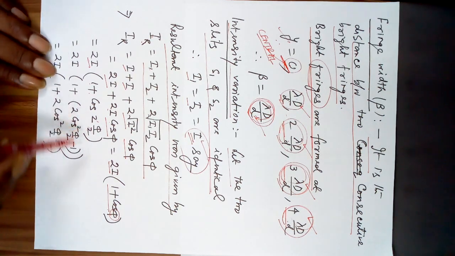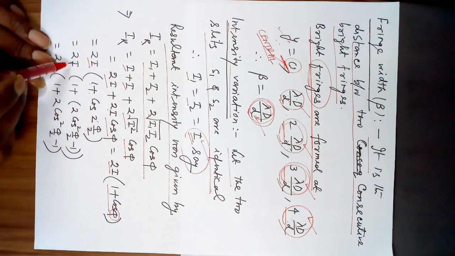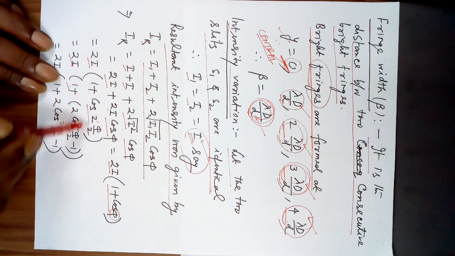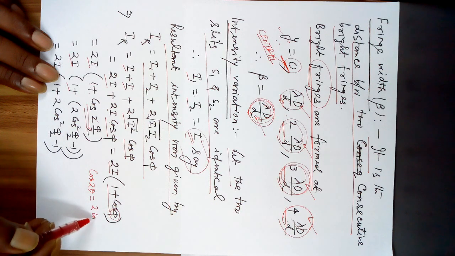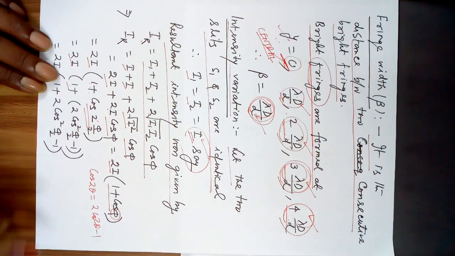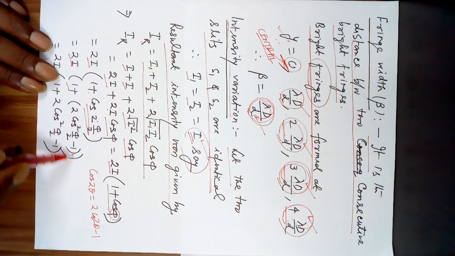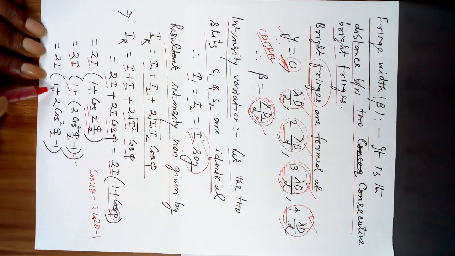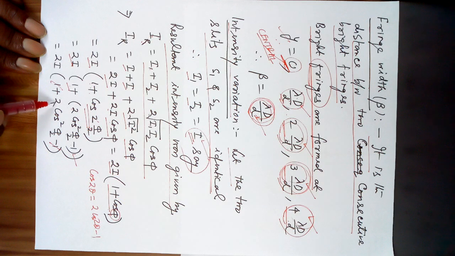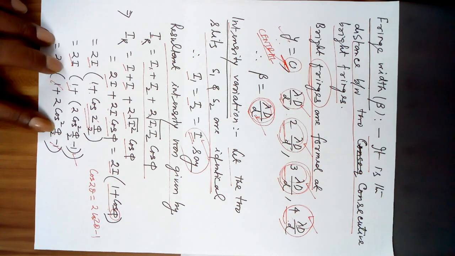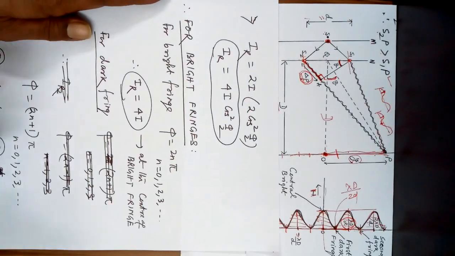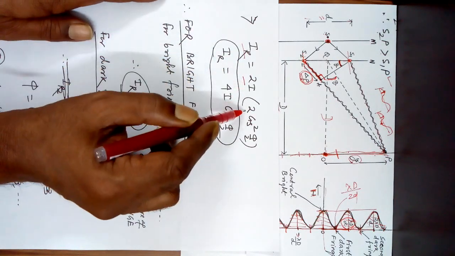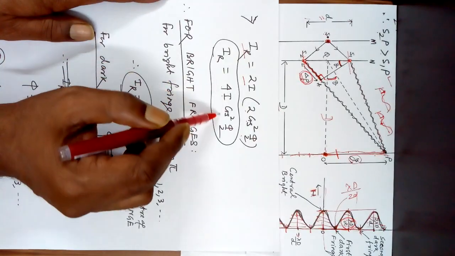I do it so because I am to put it into a formula: cos of 2 theta is equal to 2 cos square theta minus 1. So 2 cos square phi by 2 minus 1, I open the bracket, so this one cancels, 2 into 2, 4. So the resultant intensity is 4I cos square phi by 2.